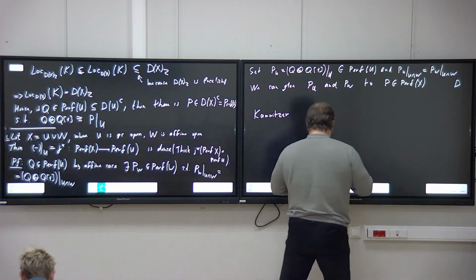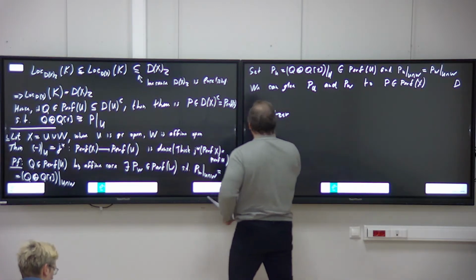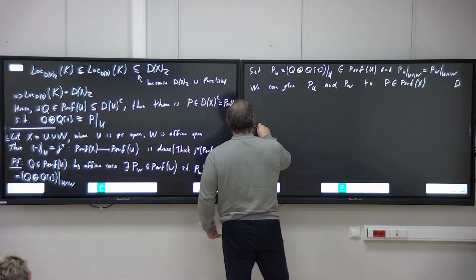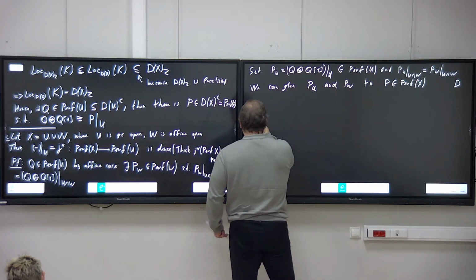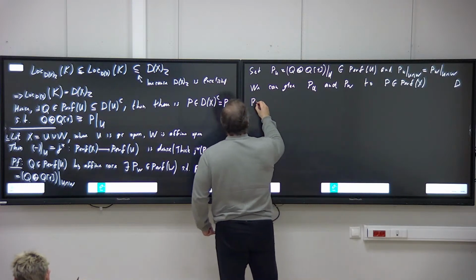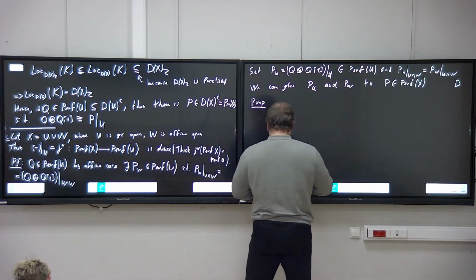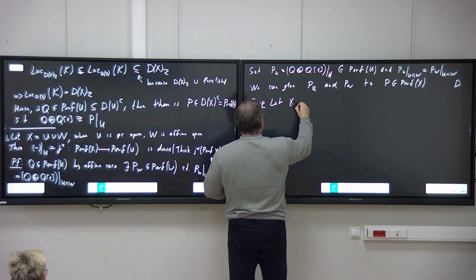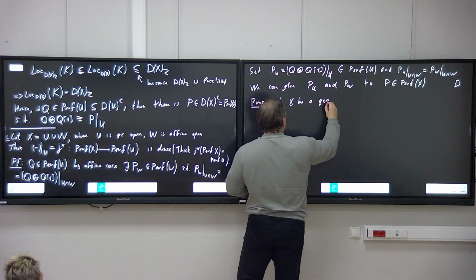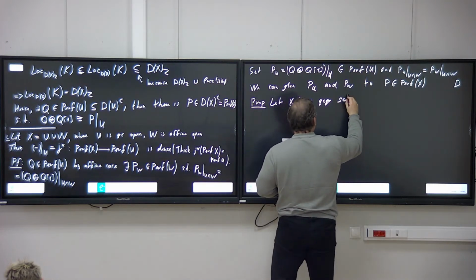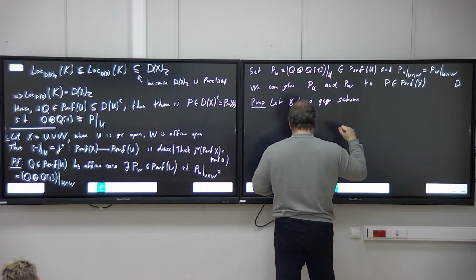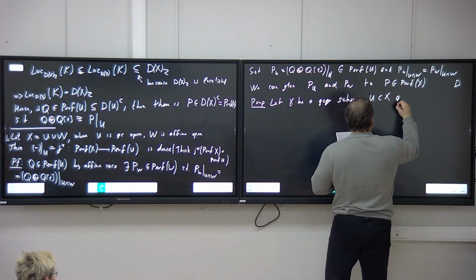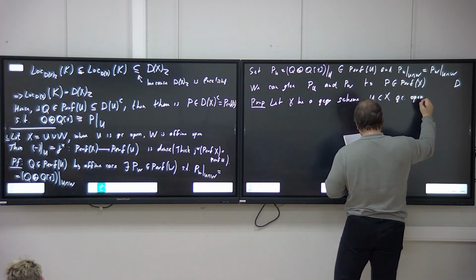From this lemma, I want to derive a simple proposition, which will be more or less by induction. So let X be a quasi-compact, quasi-separated scheme, and U inside X a quasi-compact open subscheme.